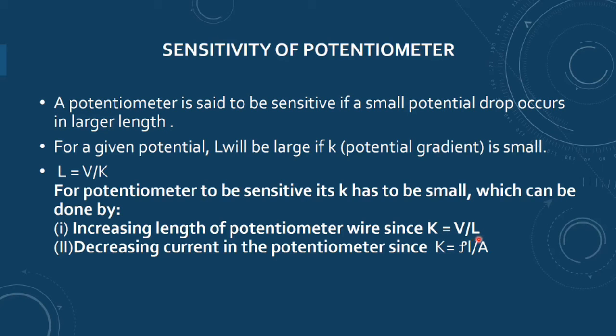So if I increase the L, K will decrease. Or I can decrease the current, because K is directly proportional to the current I. So by decreasing the current, again, I can decrease the potential gradient. So for making the potentiometer more sensitive, you need to keep in mind that your potential gradient should be small.